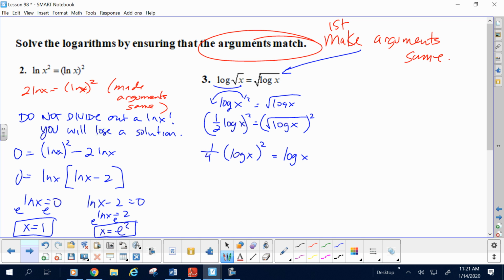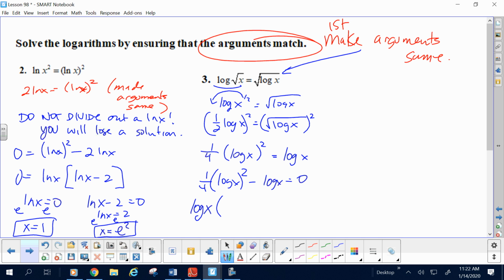Now what? Move it over. I love that you didn't say divide out a log. That's great. Way to learn. 1/4 log squared of x minus log of x equals 0. Then what? Well said, Hannah. Factor out a log. They have a common factor of log.